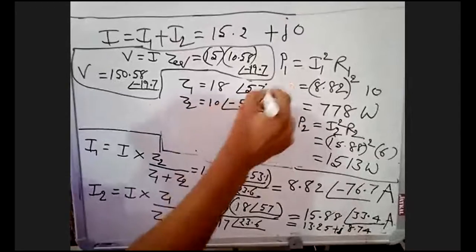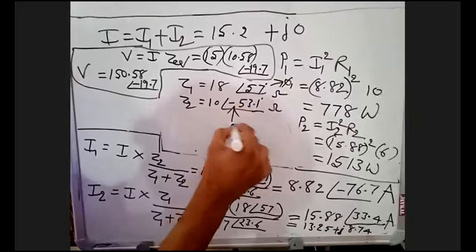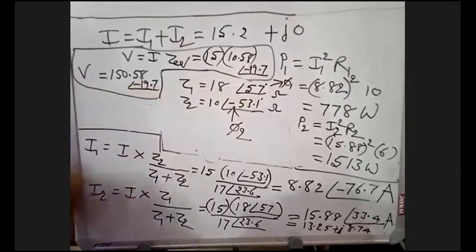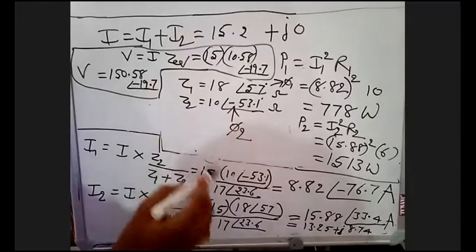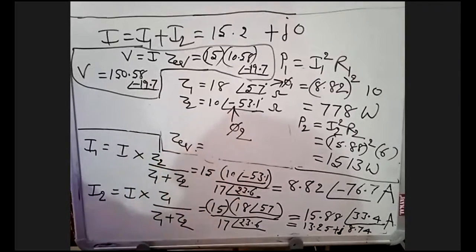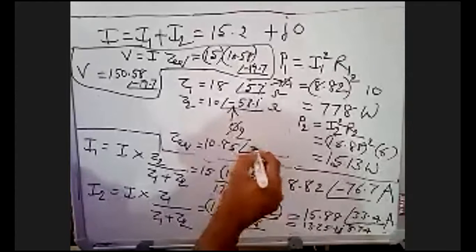Now, this is your phi 1 and this is your phi 2. For the RL circuit, phi 1 is this one; phi 2 is this. For Z equivalent, what is the value? 10.85 at an angle minus 19.7.